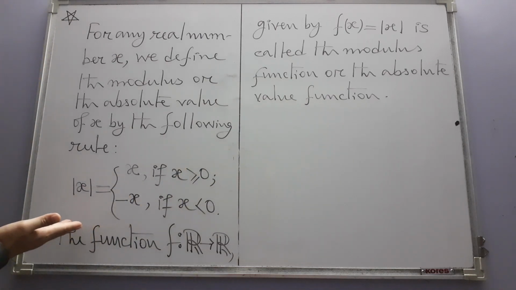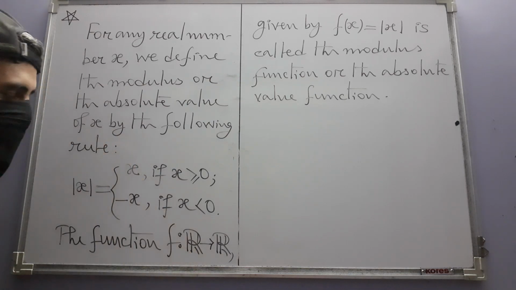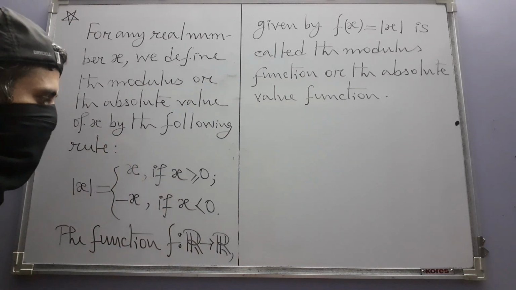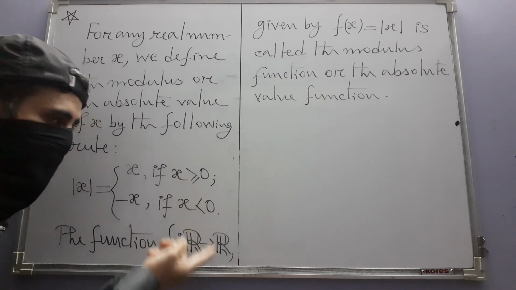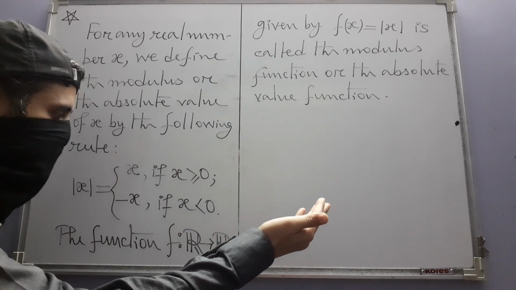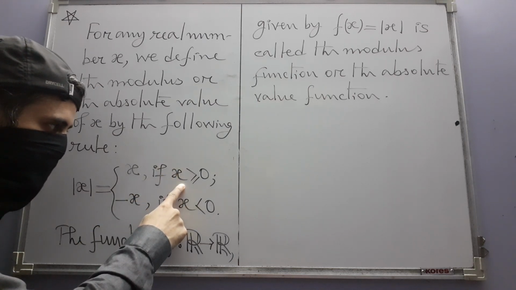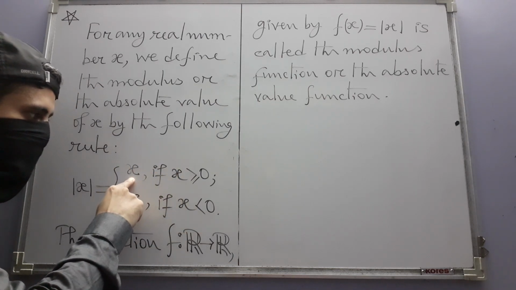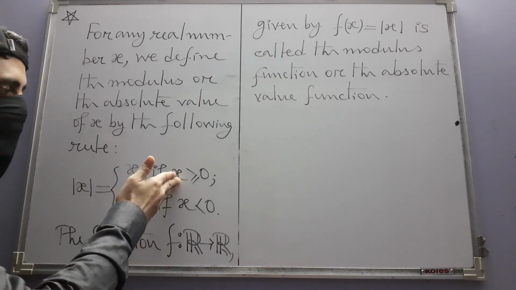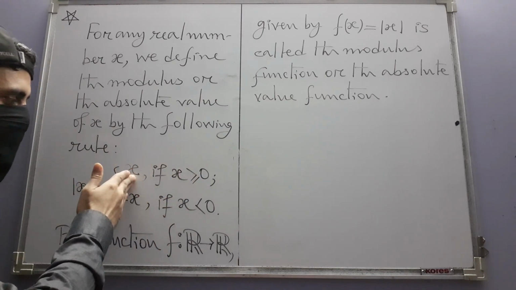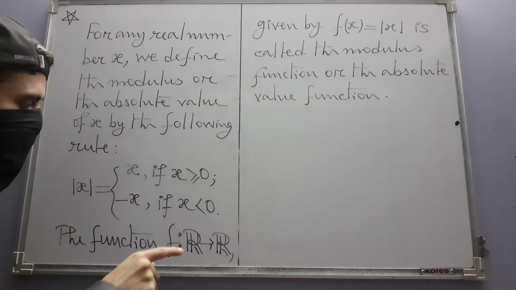Is that the case here? Say I take any x in R, that means x is a real number. Exactly one of these two things will happen. Either x is greater than or equal to 0 or x is less than 0. If x is greater than or equal to 0, then the output is x, which of course is a unique real number. I mean, for that type of x, we are getting x as an output and nothing else.